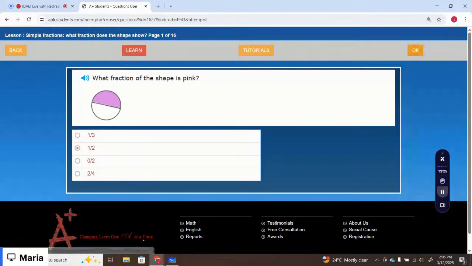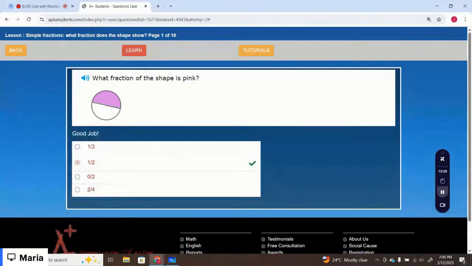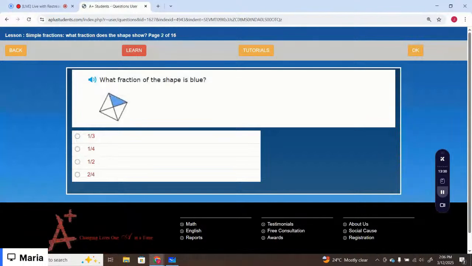Let's just start with the test questions. What fraction of the shape is blue?